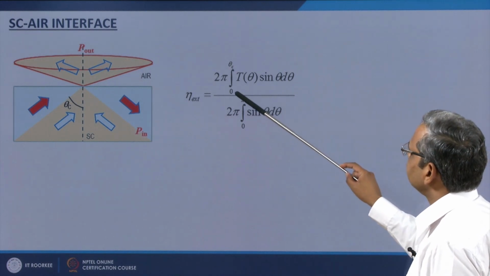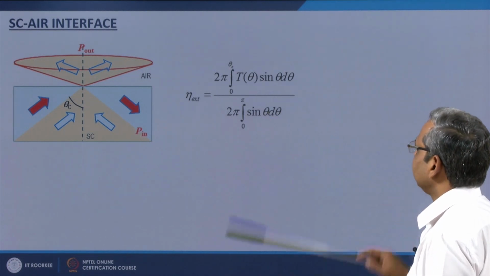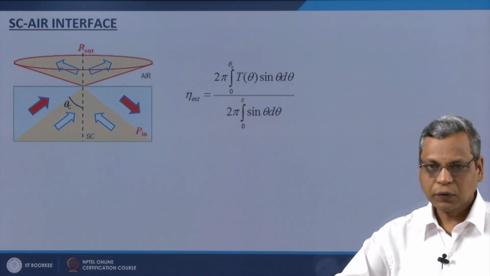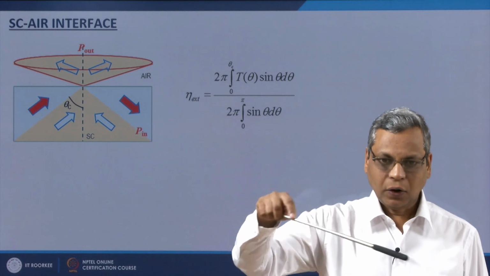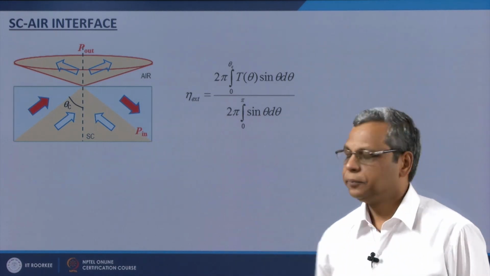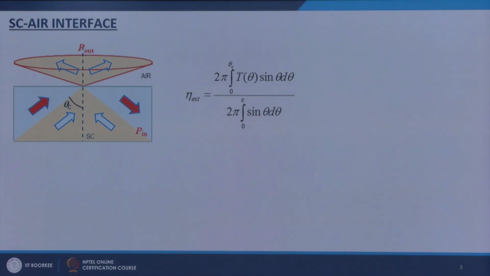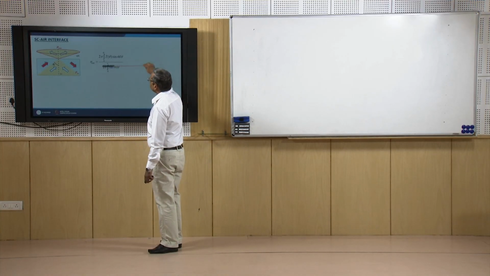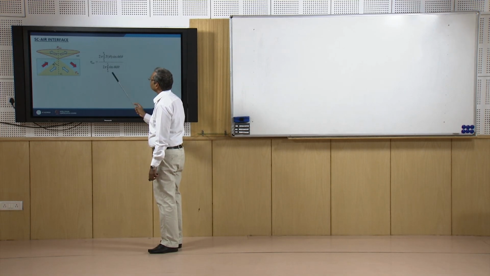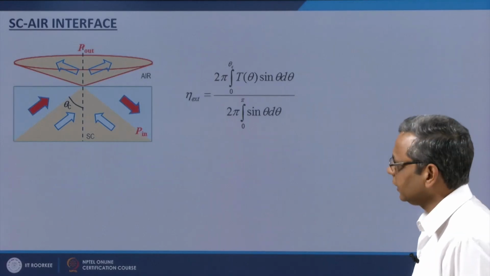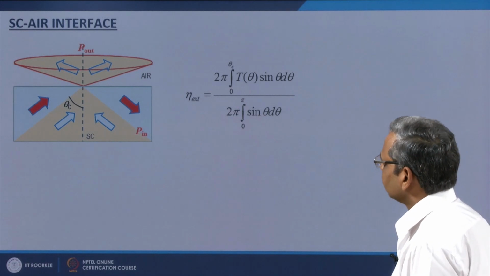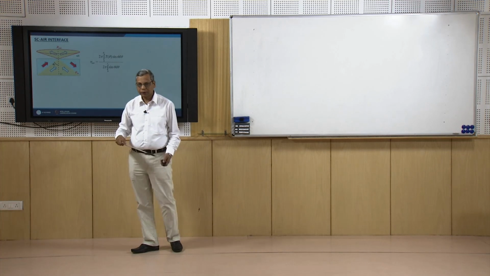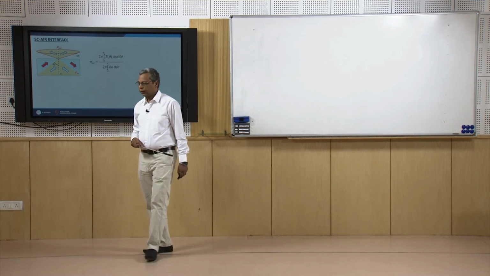So, I have this integral from 0 to theta c of T(theta) sin theta d theta, and this 2 pi accounts for all the angles in the phi direction from 0 to 2 pi. This is the fraction of light that comes out, and this is the total light which is incident, where I integrate from 0 to pi, taking into account the incidence at the lower interface also.